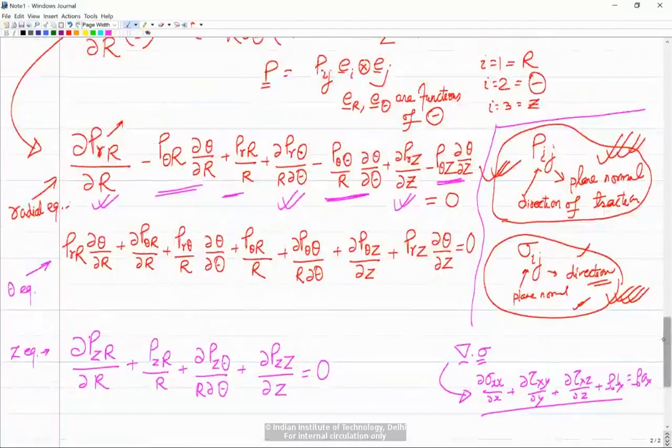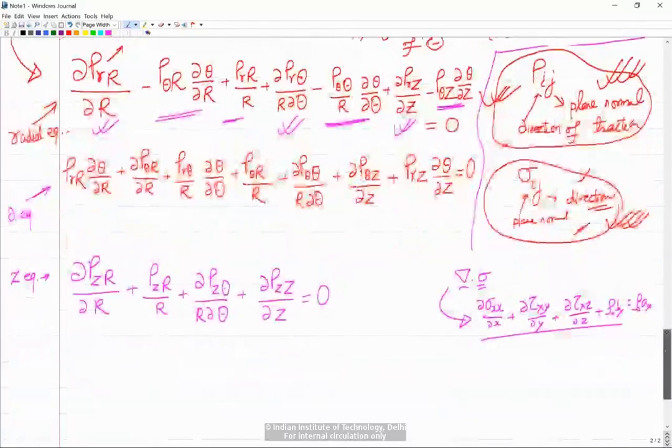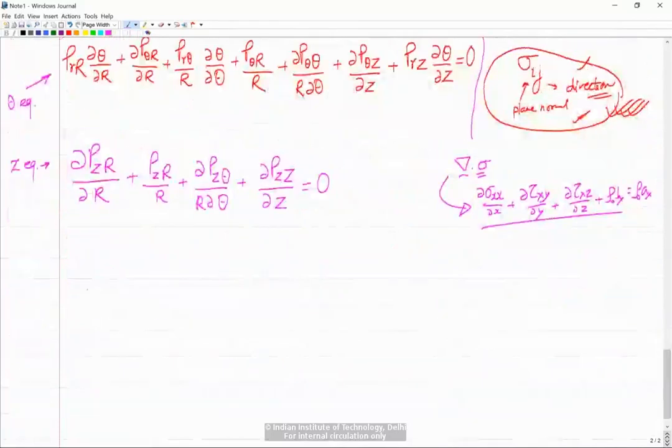Okay, now you see, because of the kinematics that we have chosen, that it is axisymmetric, isn't it? When you work out the stress, with that kinematics, let me also write it. So our kinematics is, we had that equation for small r, small theta, and small z.